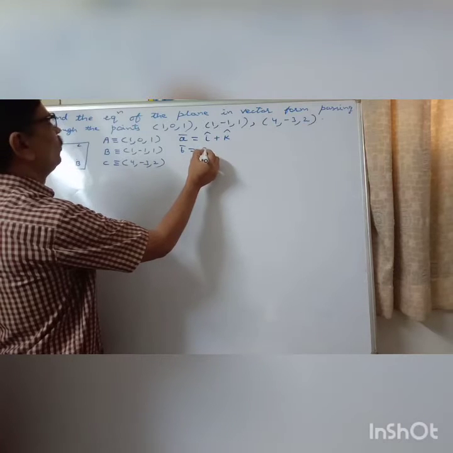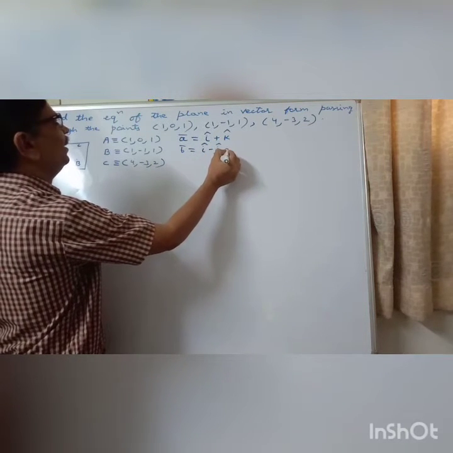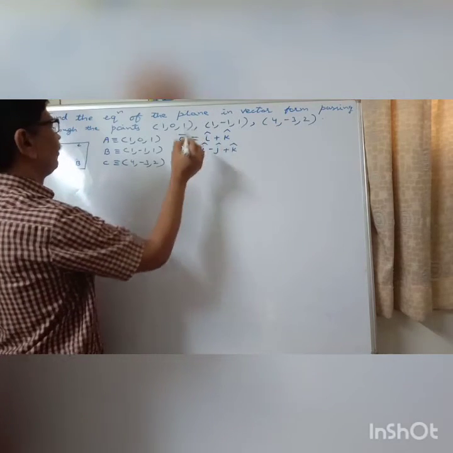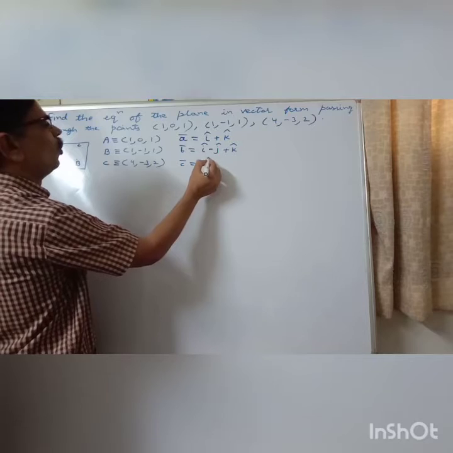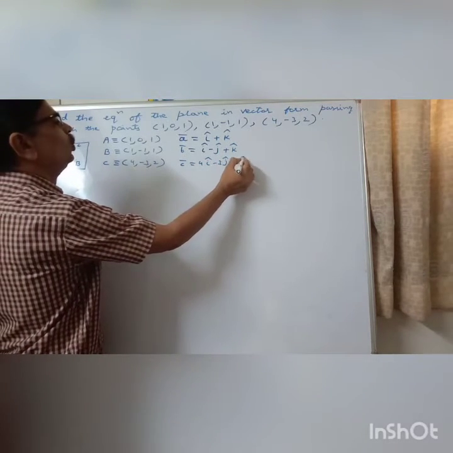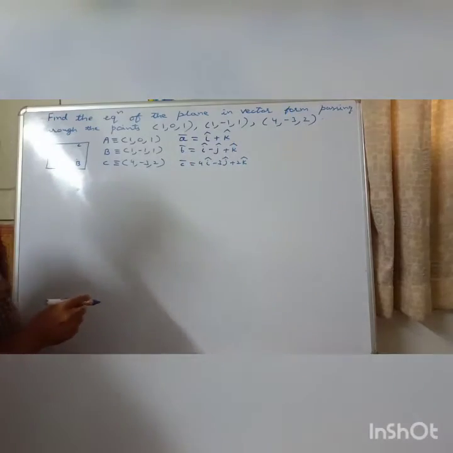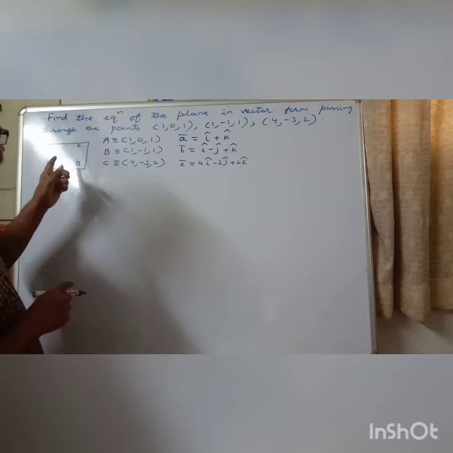Coefficient 1 is not necessary to write, so B bar is i minus j plus k. C bar equals 4i minus 3j plus 2k. So we know the position vectors of 3 points in the plane.